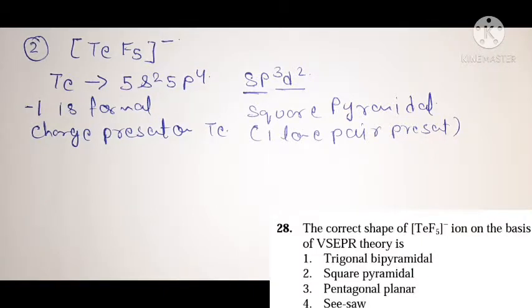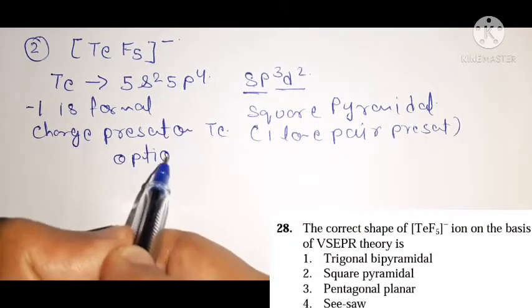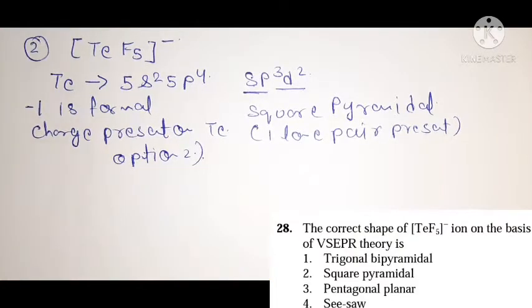So according to this result, your option second is the correct answer for this question, that is square pyramidal structure according to VSEPR theory.